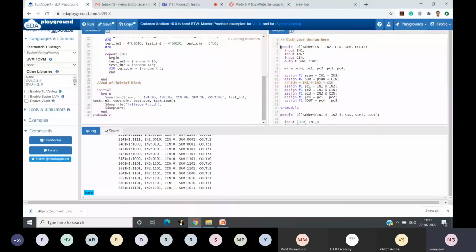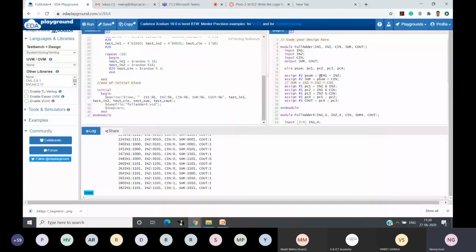And whenever I am writing hash, as discussed yesterday, this hash needs a delay. That means this computation would take 2 units of time. As discussed yesterday, there are two ways of putting it. One is that we say hash 2, which means that this psum would be available after 2 units of time. And sometimes people also put a hash here.